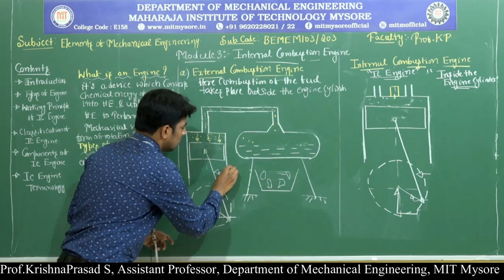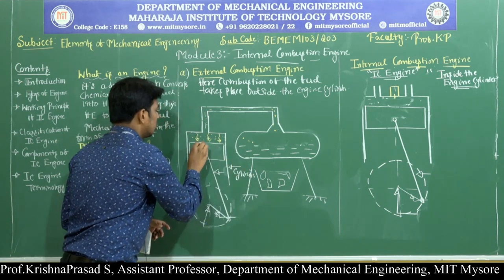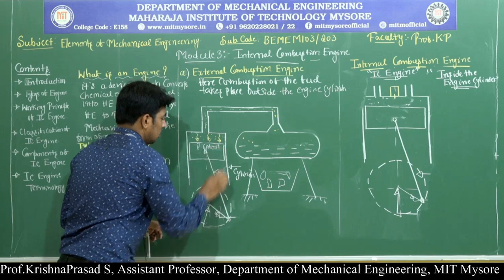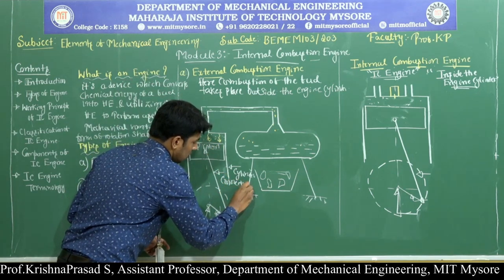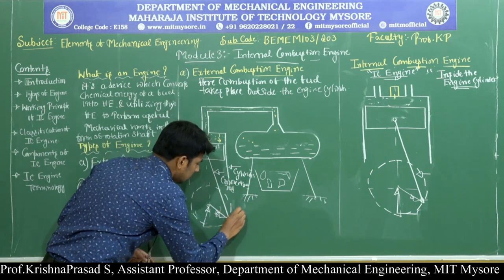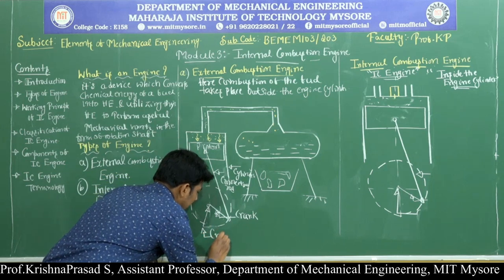Observe here: this is called the cylinder, this is the piston, this is the connecting rod, this one is the crank, and this is the crankshaft.